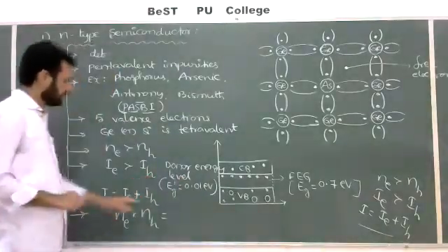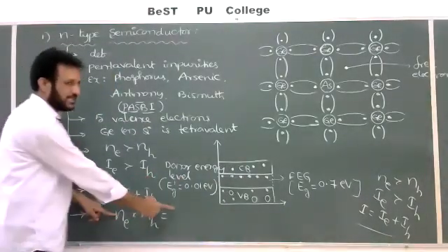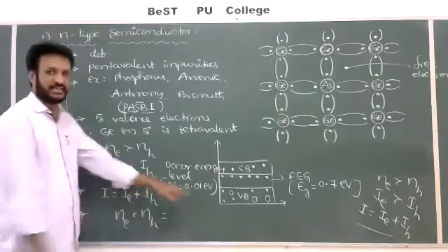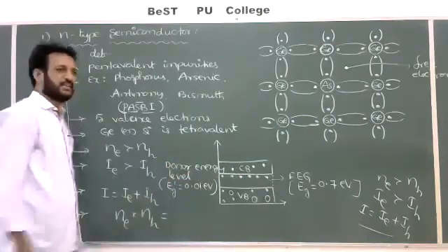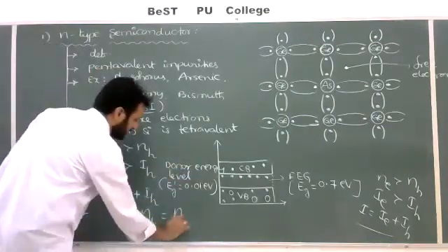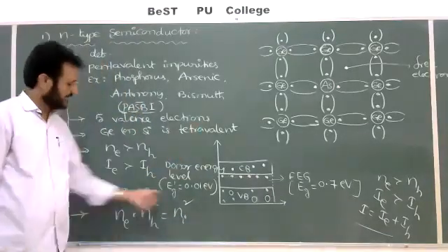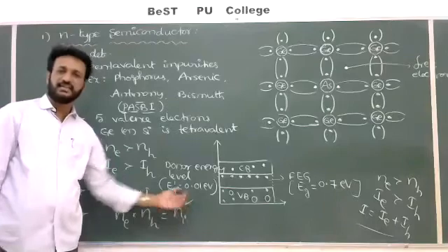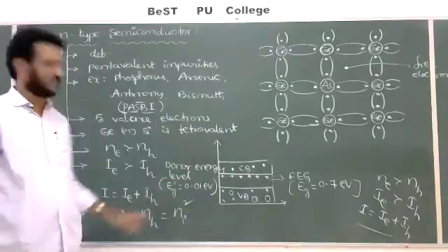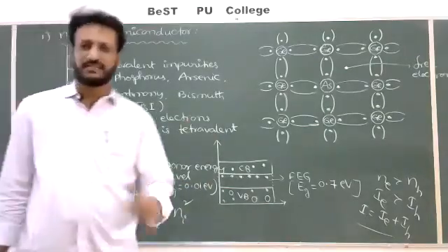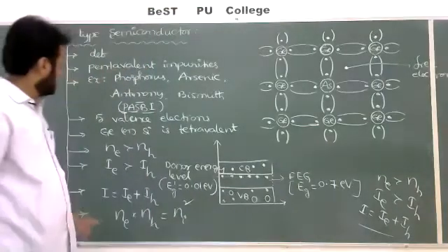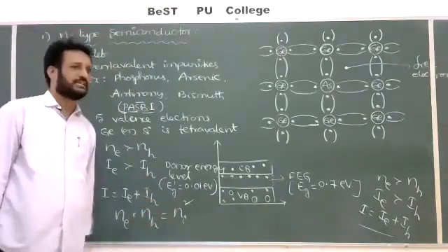If you multiply both, in place of Ne I can write Ni, in place of NH also Ni, so Ni into Ni is Ni square, correct? Write this formula, important for competitive exams. So Ne into NH is equal to Ni square.